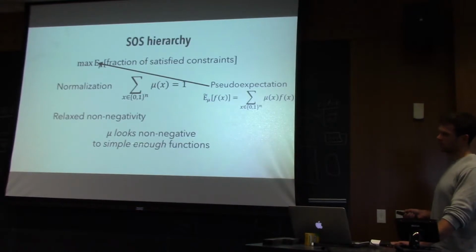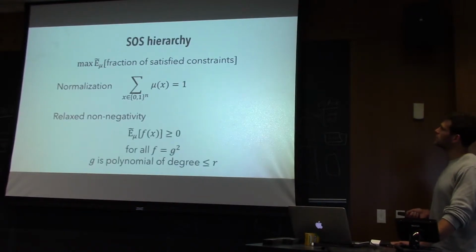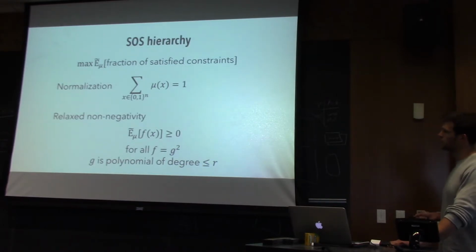Now I have to tell you what simple enough means. Simple enough means that if you take the pseudo expectation of a function that is a square of some polynomial of low enough degree, then it's not negative.